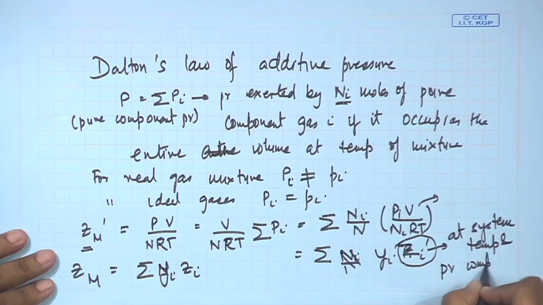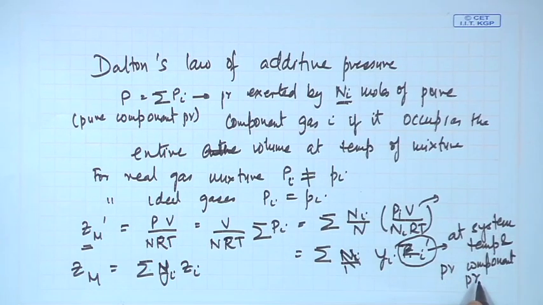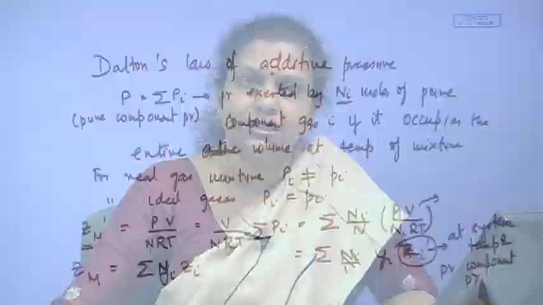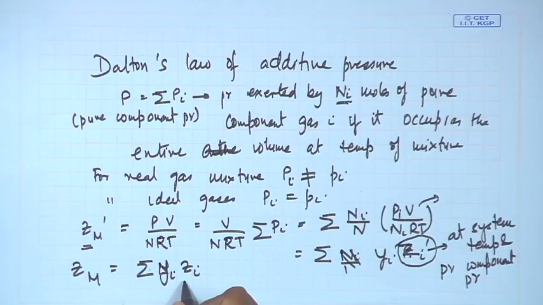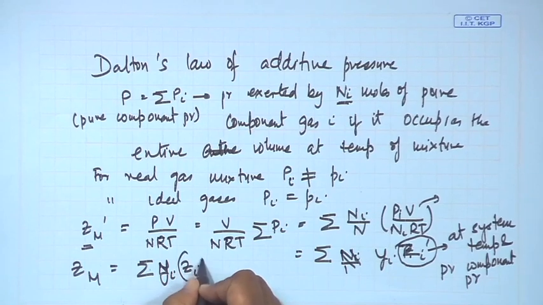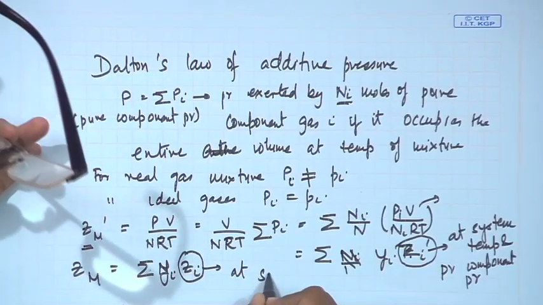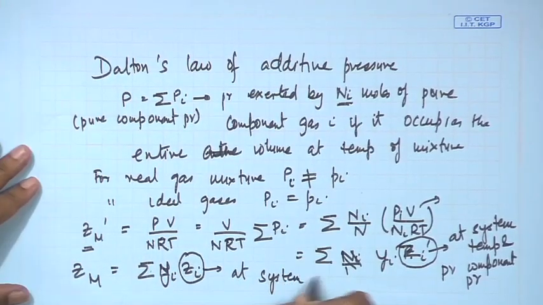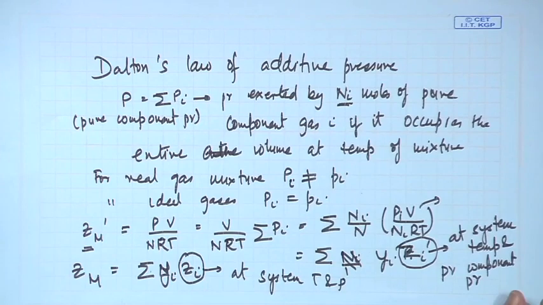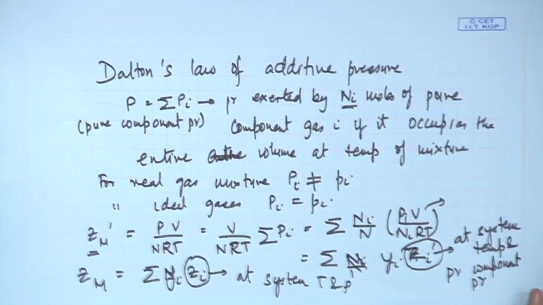This is something very important. So, in this case we express it at system temperature and pure component pressure, or the pressure which this particular gas would have exerted had it occupied the entire volume. While from Amagat's law we express it in terms of the pure component compressibility factors, where these are expressed at system temperature and pressure.